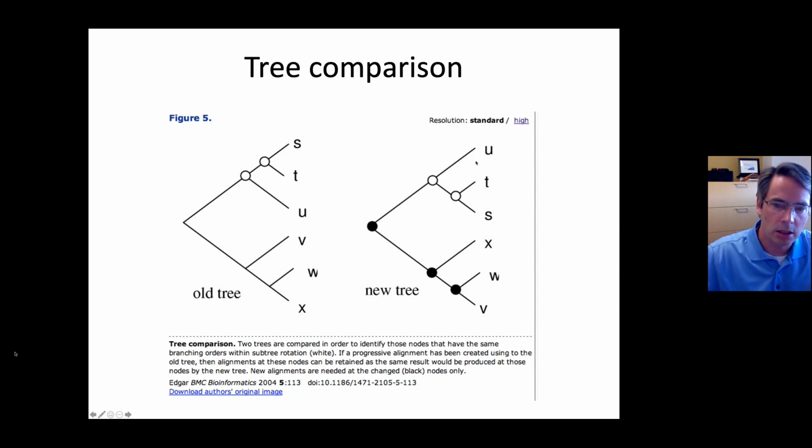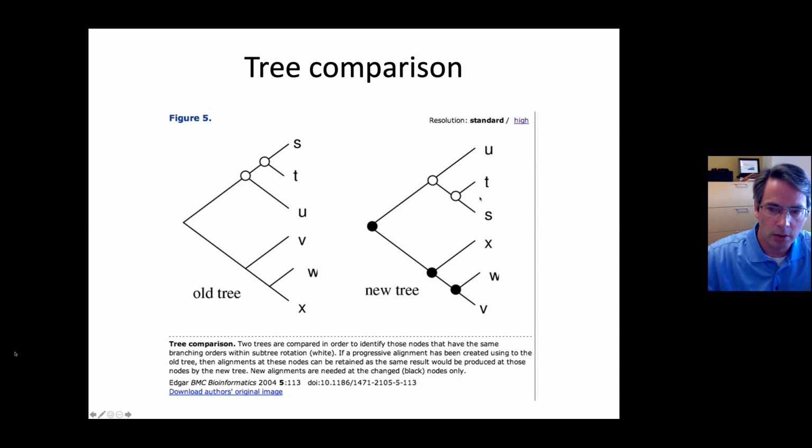That way, right, because this section up here, this tree, even though it's out of order, is still saying T and S are more closely related to each other than they are to U. So we don't actually have to recompute this part of the tree. And so that's a huge speed up in our algorithm, and MUSCLE only has to recompute the stuff where the tree changed.